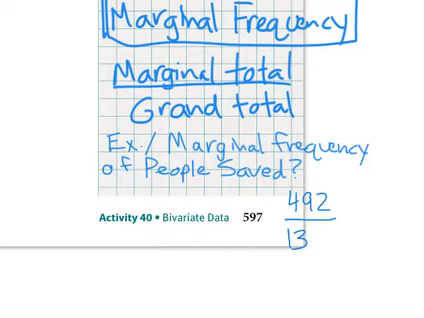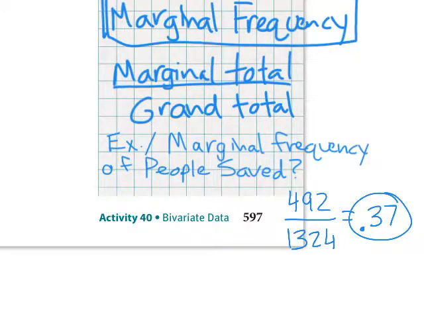Is that right? Yeah. So I can go ahead and do that calculation. 492 divided by 1,324 will be 0.37. Okay, so 0.37 would be the marginal frequency of people saved.